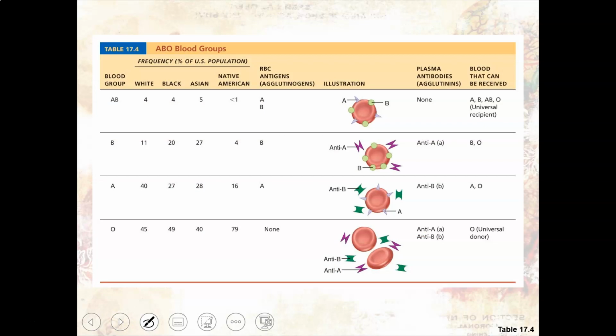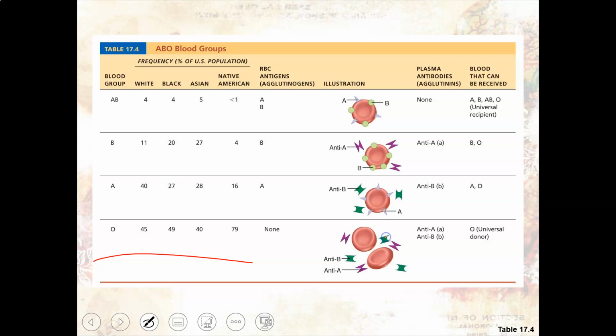Let's start at the bottom then. Type O blood means that you don't have any of those gang tattoos on your cells. You're a complete civilian. Your cells are totally clean, walking around completely oblivious.